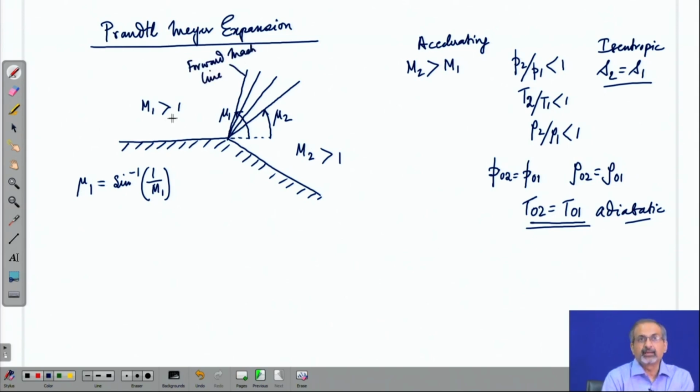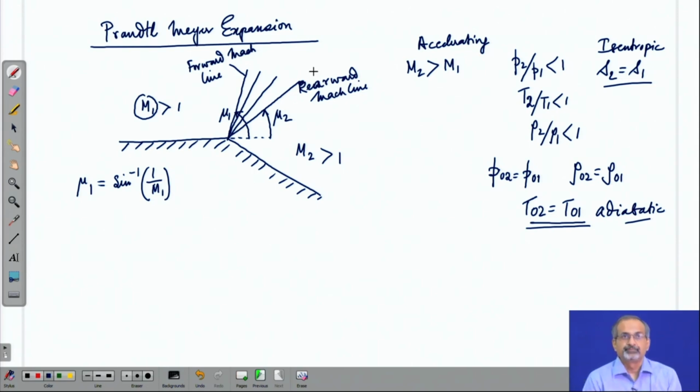That Mach line has an association with the upstream Mach number. You have a rearward Mach line which has a connection with the downstream Mach number. Therefore, obviously, mu 2 will be sin inverse 1 by M2 by definition.